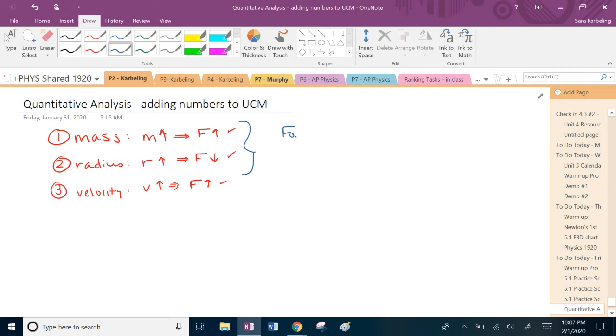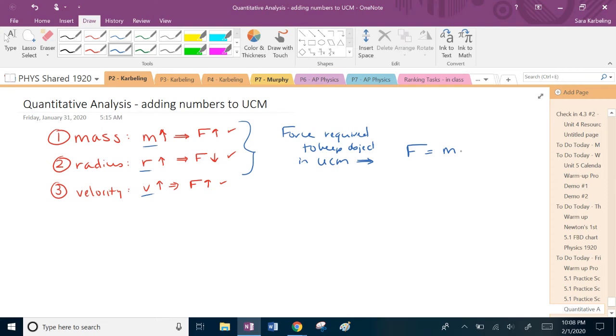So we can write this out here. The force required to keep an object in uniform circular motion, this would be a great thing for you to write down if you're not doing so already, has to do with the mass, the radius, and the velocity. If we put those things together, the force is equal to, so the force is going to go up as the mass goes up.